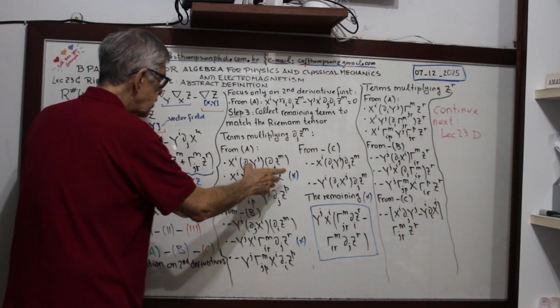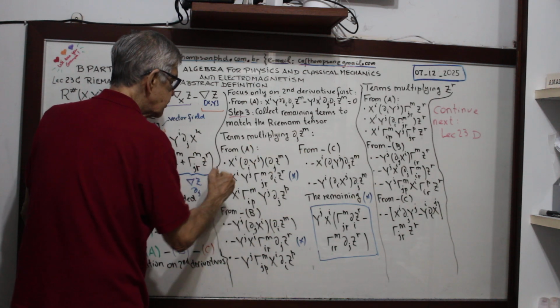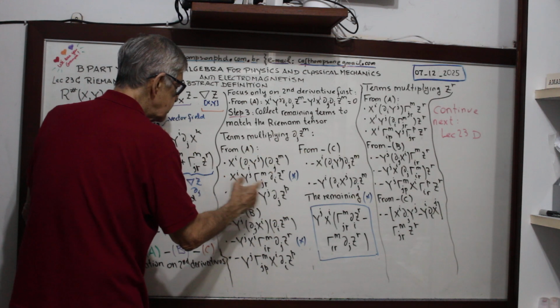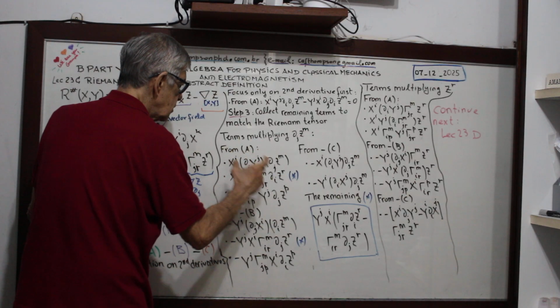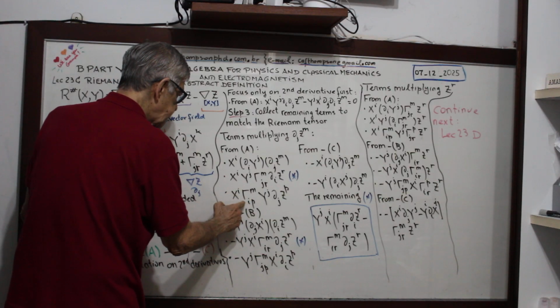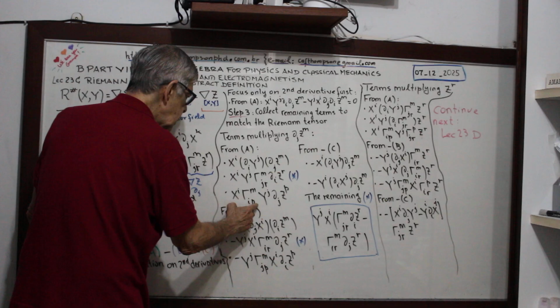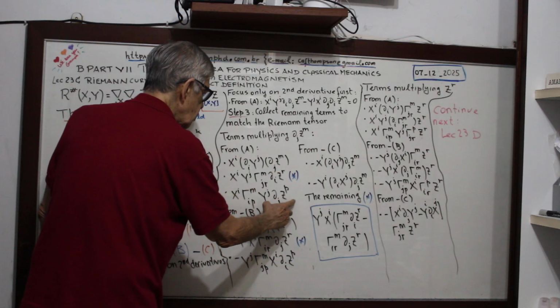From A, you just copy from there xi, and this term over here, and xi, yj, and xi, this is a Christoffel symbol ip, m, yj, partial xj of zp.